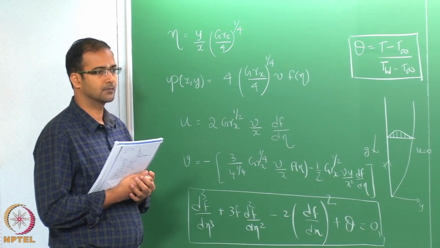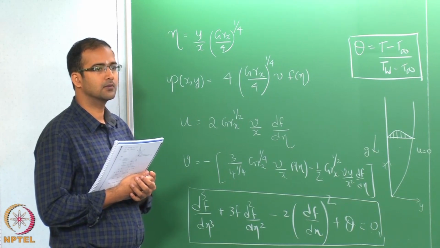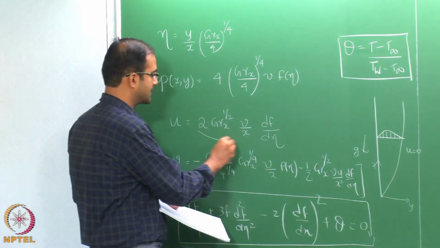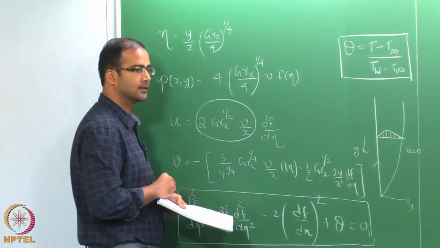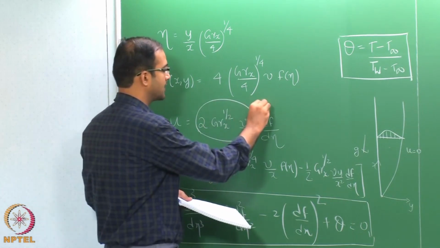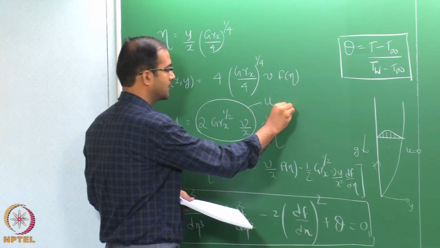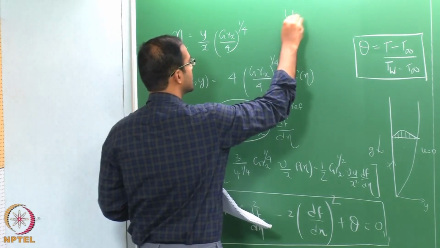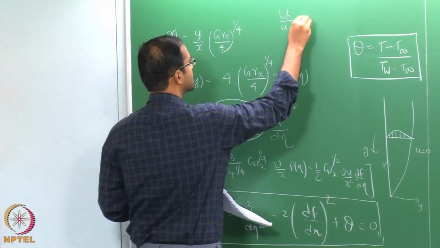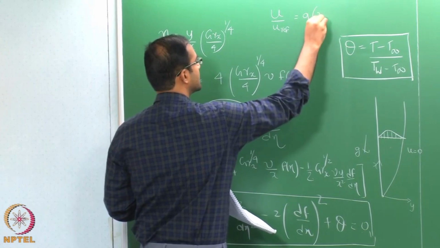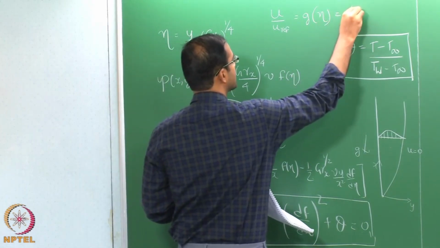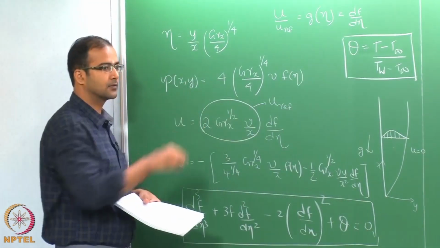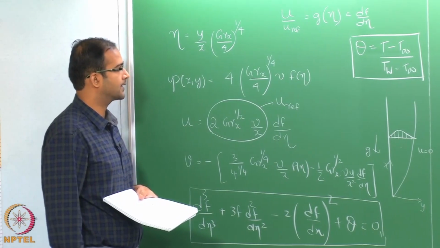Going to 1, u by u infinity equal to df by d eta. Okay. So, now you should understand actually this entire component is your u reference, correct. So, this is the starting point. We assume u by u reference is actually a function of eta, which is nothing but df by d eta. So, this 2 times Grashof number to the power half nu by x should be equal to u reference.